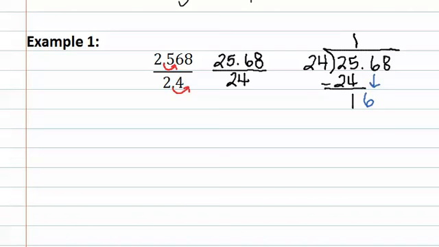We now ask, how many times does 24 go into 16? Since 16 is smaller than 24, it goes into it 0 times. We now have 0 times 24, which is 0. When we subtract, we get 16. We must now bring down the next digit. When we bring down the next digit, we get a new number of 168.